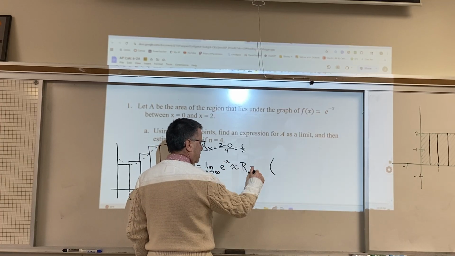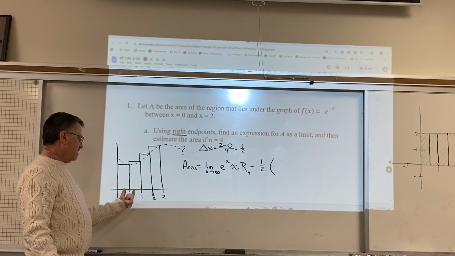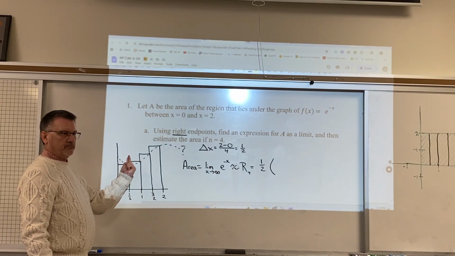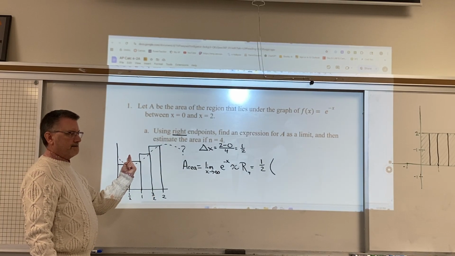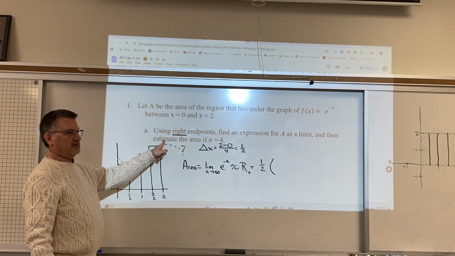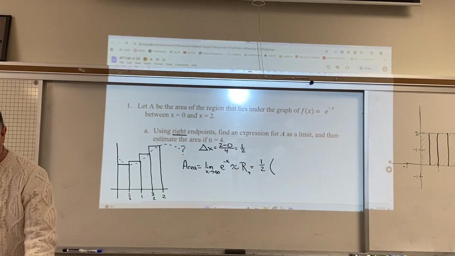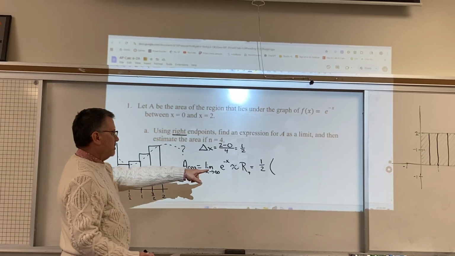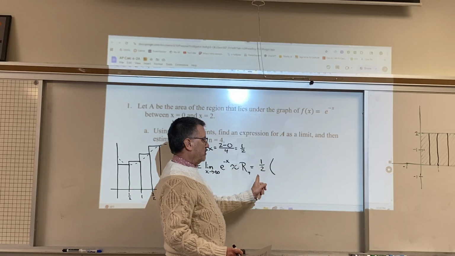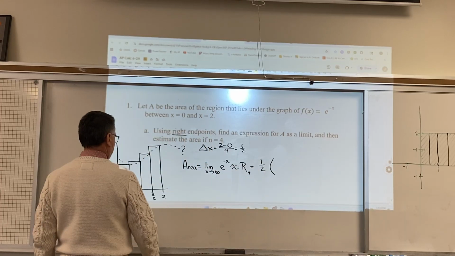Each rectangle is going to be 1/2 wide, 1/2, 1/2, 1/2, times its height. But are they asking to do it that way? Yeah. Okay, that's an estimate. So I know that's gonna be 1/2 times this height, 1/2 times the next height, 1/2 times the next height. But what's the height, all 4 heights?